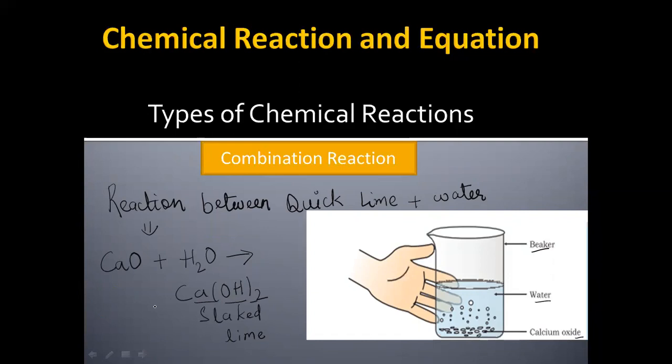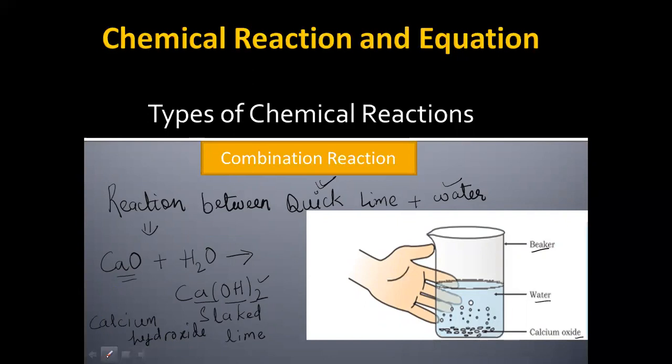The chemical name for this species, I'm also writing here, is calcium hydroxide. How is it formed? In this activity, it is clearly given that calcium oxide, that is quicklime, reacts with water, and there is a production of slaked lime. The product is slaked lime, a single product. This is an example of a combination reaction.